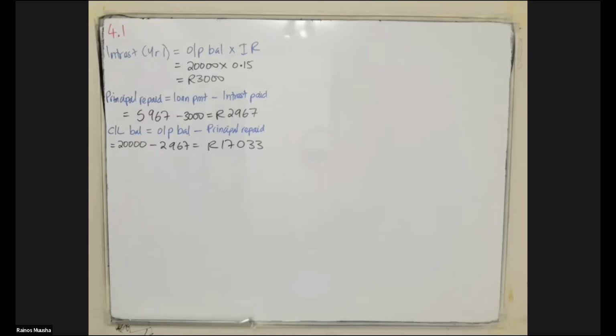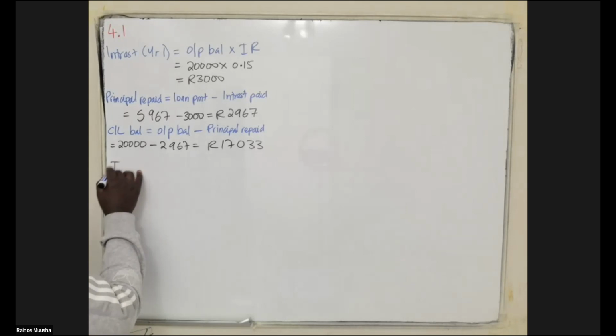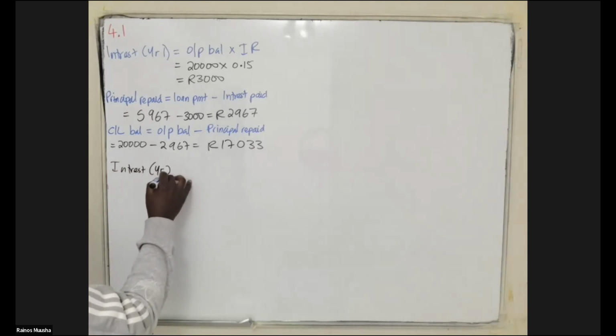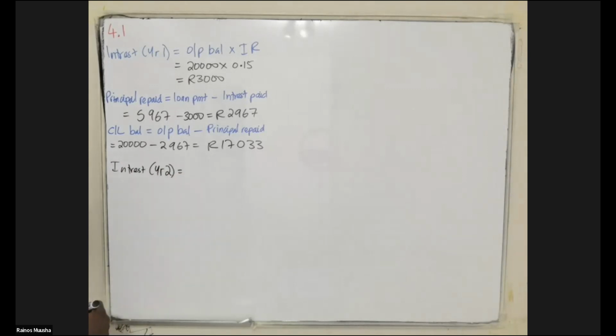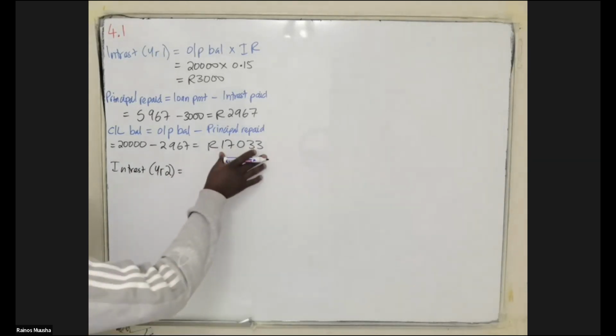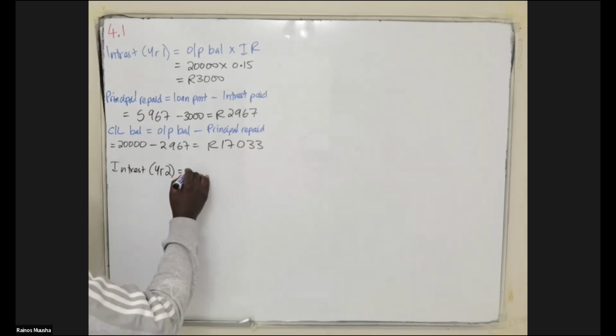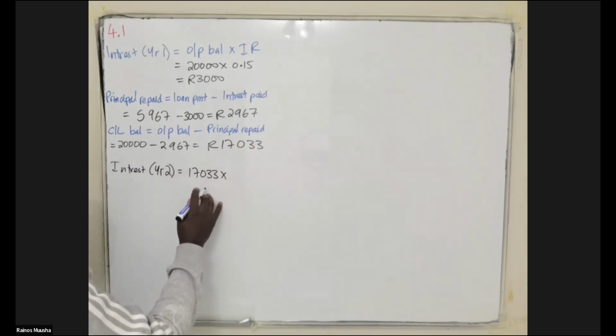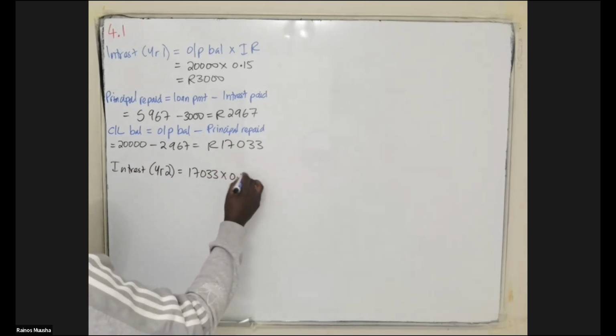So we can now do the calculation for year two as well, right? So your interest for year two is equal to the closing balance for year one, which becomes your opening balance for year two, which is 17,033 multiplied by your interest rate of 0.15.